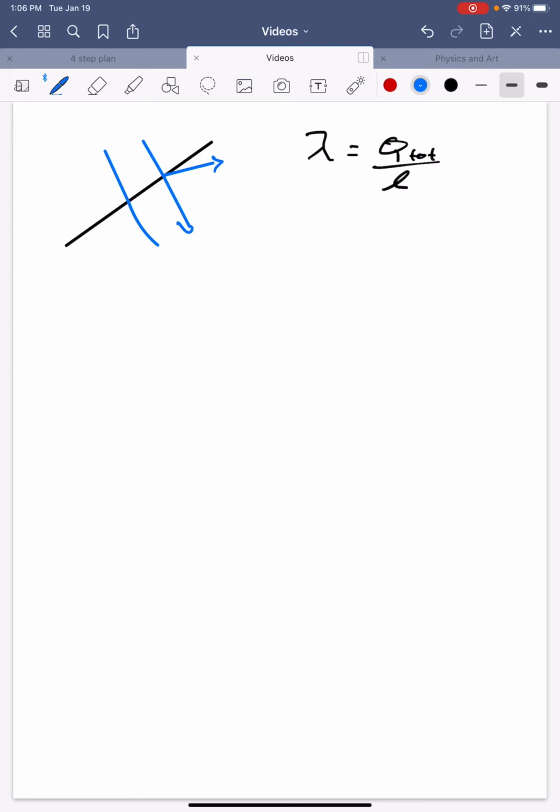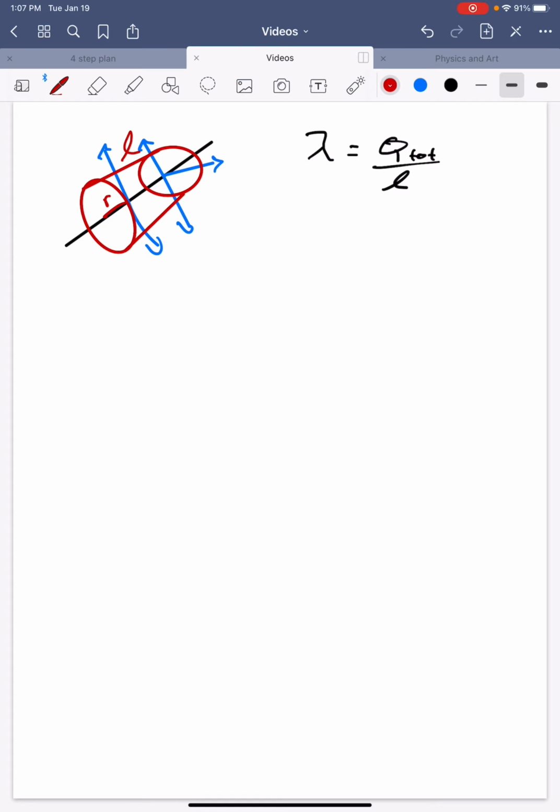So my Gaussian surface that produces my area would be a cylinder of sort of radius r out and of length L.